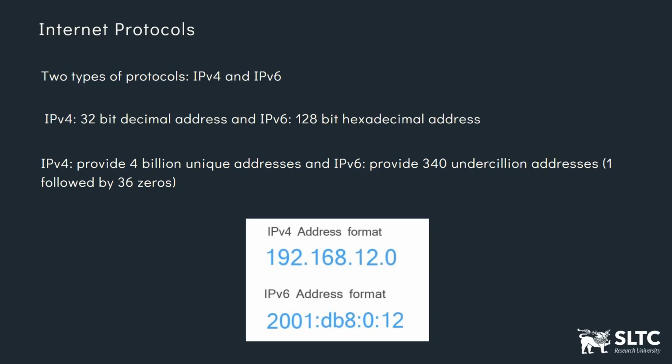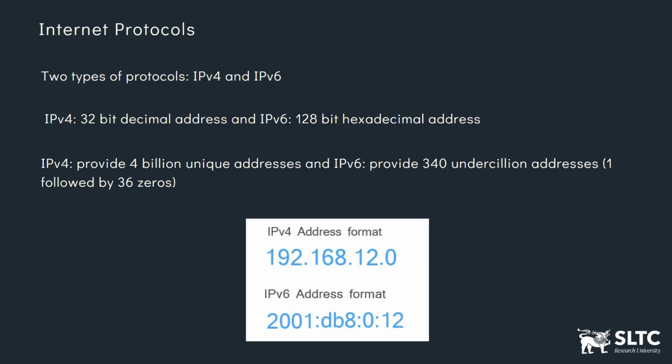The main difference, as you can see in the IPv4 address format and the IPv6 address format, is that in the IPv4 format, we have 4 numbers separated by dots, and these numbers are all decimal numbers.